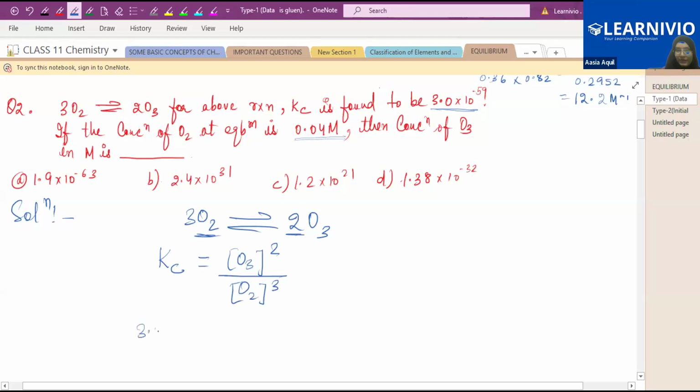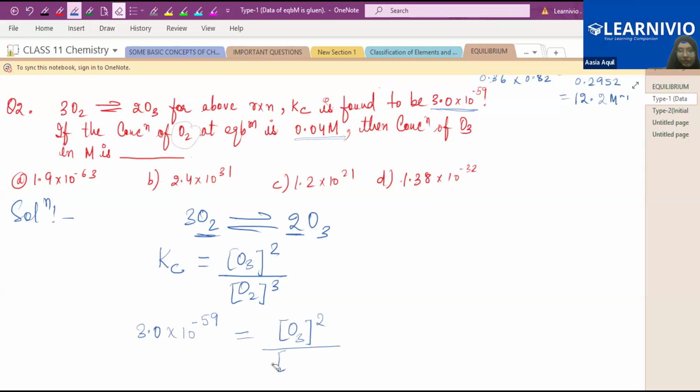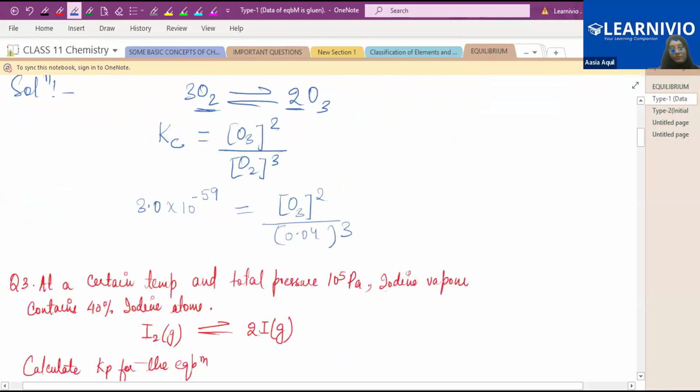It's 3.0 into 10 raised to the power minus 59, which equals the O3 concentration raised to the power 2, upon the concentration of O2, which is already given, so substitute 0.04 molar raised to the power 3. Now you can easily solve this question.